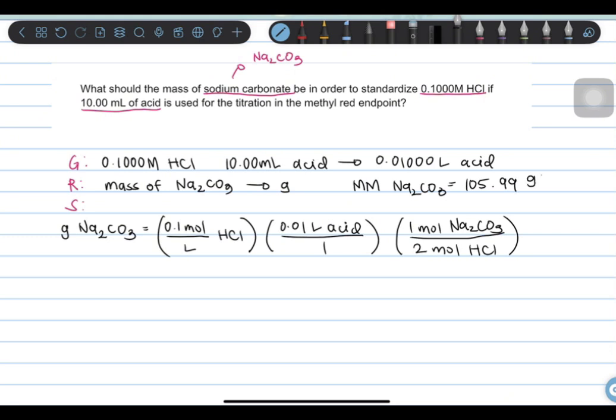Well, let's just round this up. 105.99 grams. So in order to cancel the units, you can write 105.99 grams of Na2CO3 for every mole of sodium carbonate.